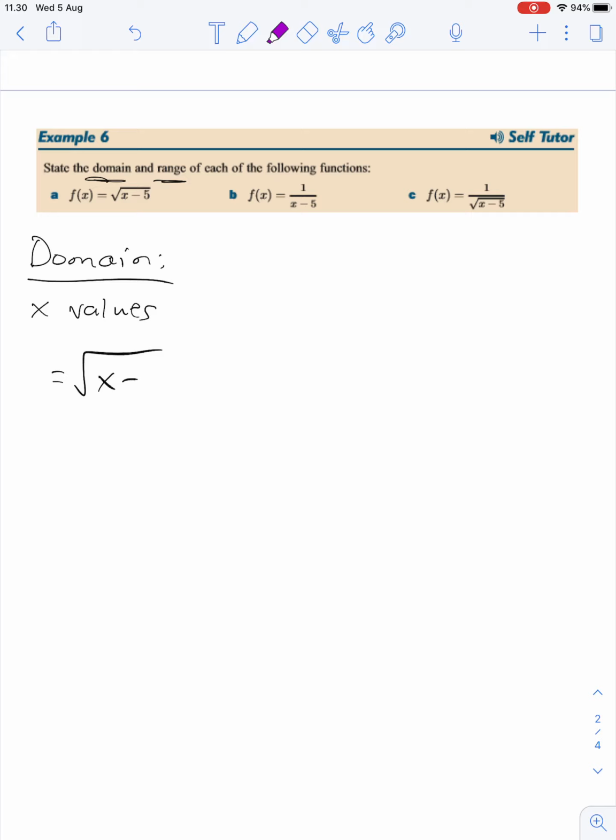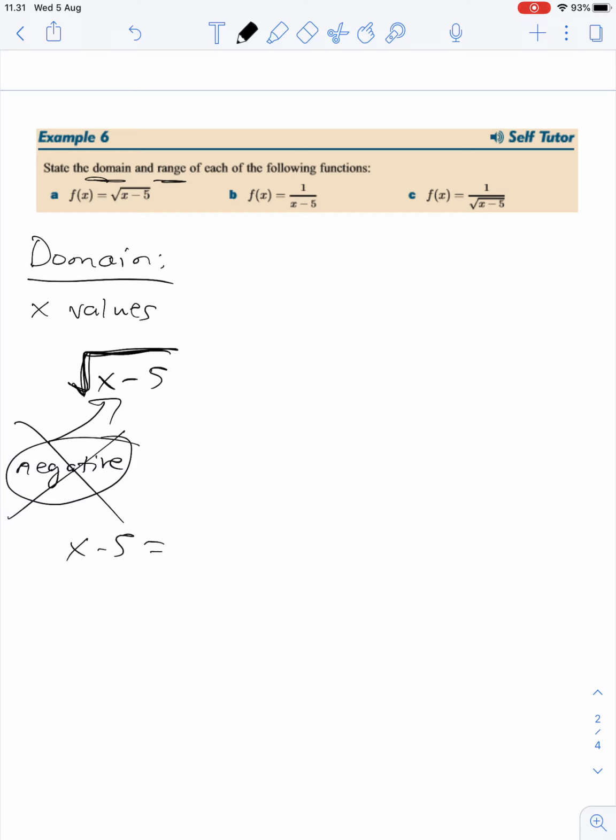The square root function is unique because nothing under here can be negative. So the only input values that we can put in there are values that make this greater than or equal to 0.